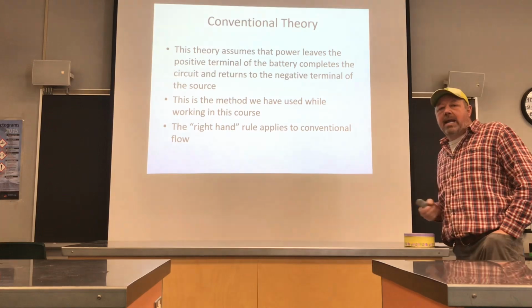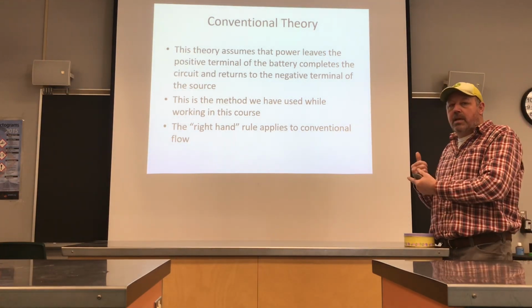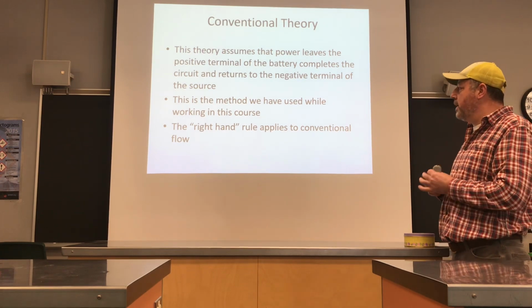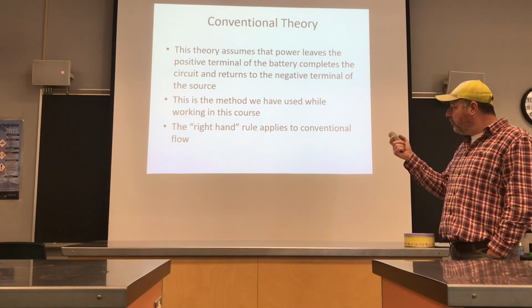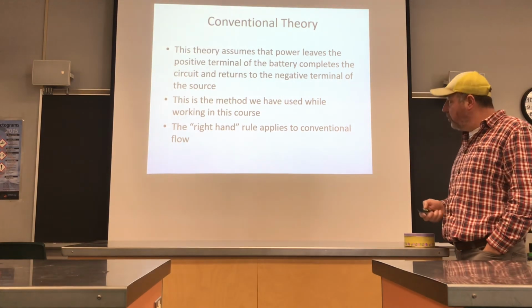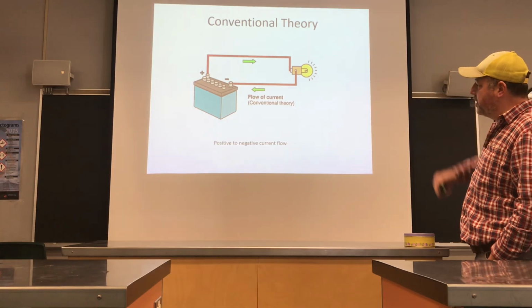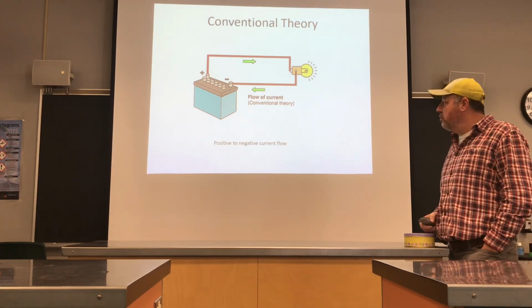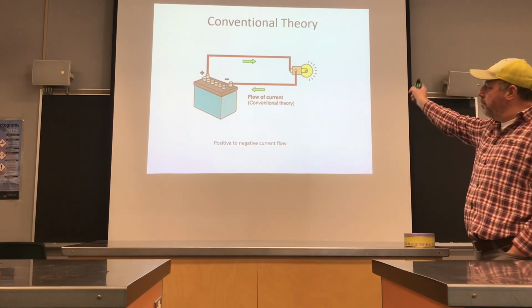And we talked about the right-hand rule last week, power in, and our magnetism lines about the ends of our fingers applies to conventional flow. Here's an example of what they consider conventional flow. From the positive, through the light bulb, back to ground.